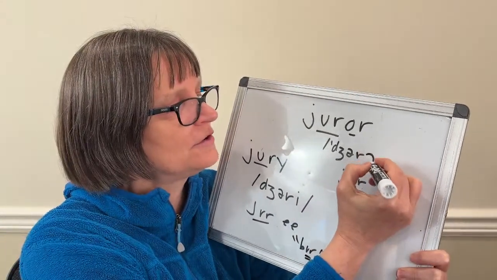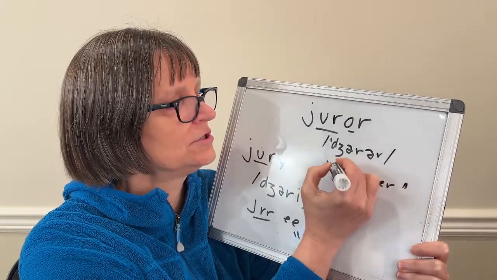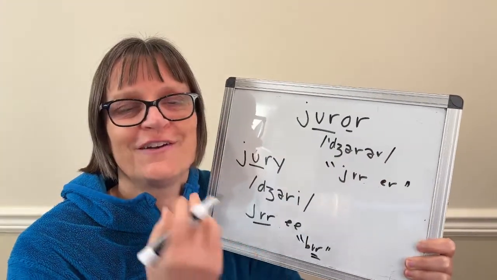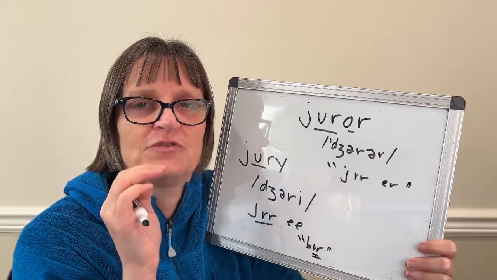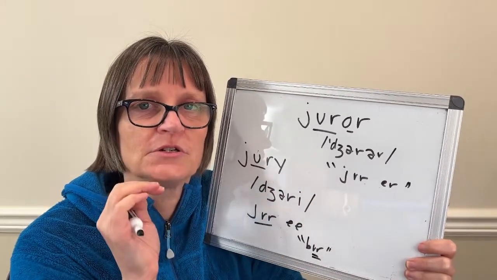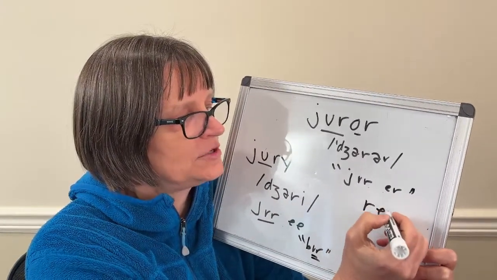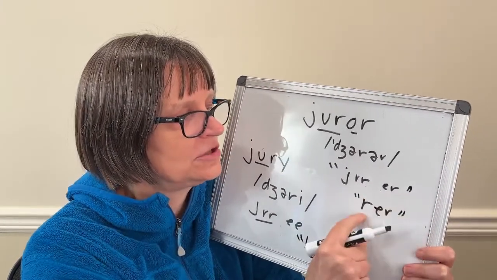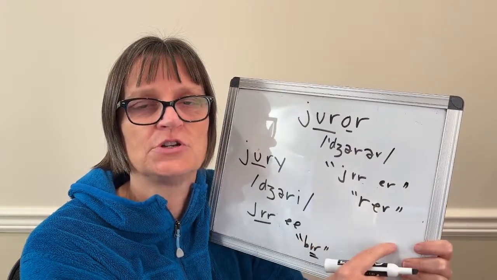So we have another sound. So juror. Juror. And what's difficult there is that when I go from the first to the second I have to drop and restart. So you can think about it almost like I'm doing an initial R and a vocalic R. Juror.